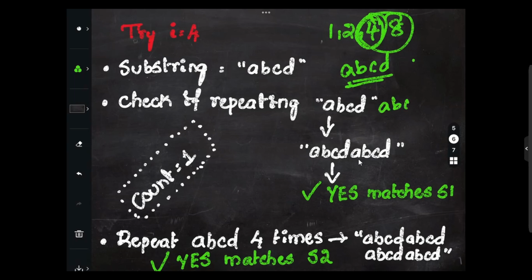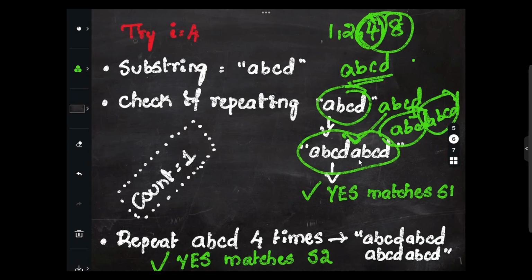Now we will check whether ABCD can build ABCD, ABCD. Yes, ABCD can build it because the string is the duplicate of ABCD itself. So ABCD matches the string S1.